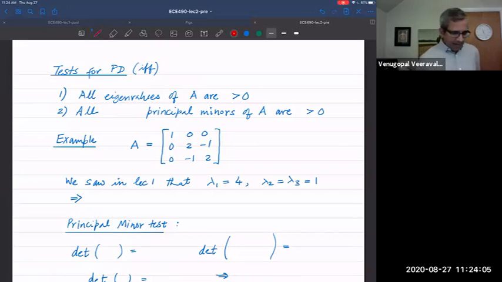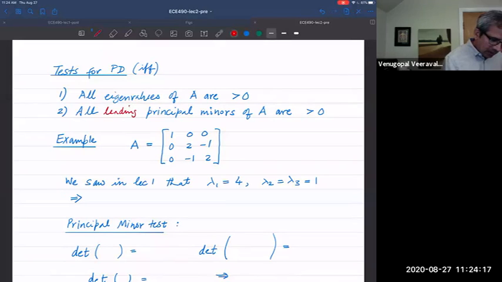Okay. The other test, which is actually more convenient in practice, is that if you look at all the leading principal minors, so what are principal minors, first of all? Anyone know what the definition of a principal minor is?